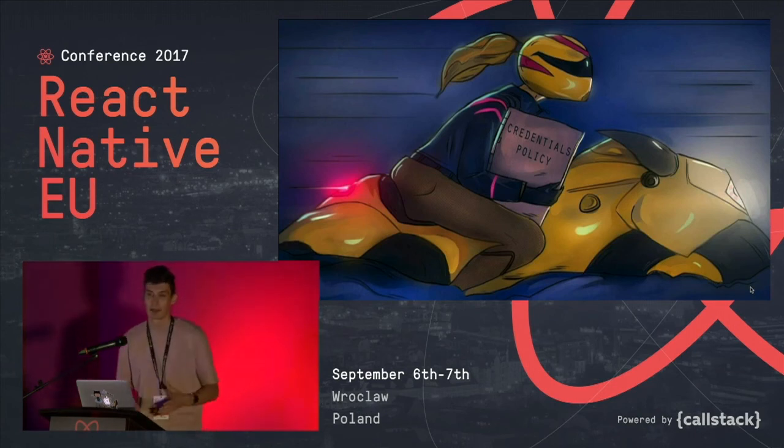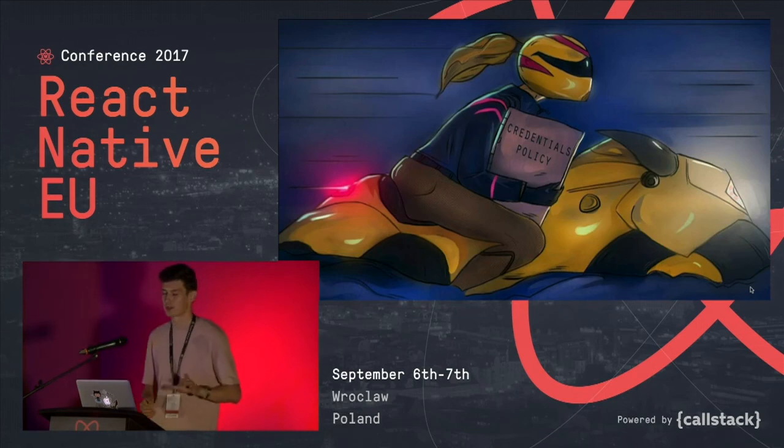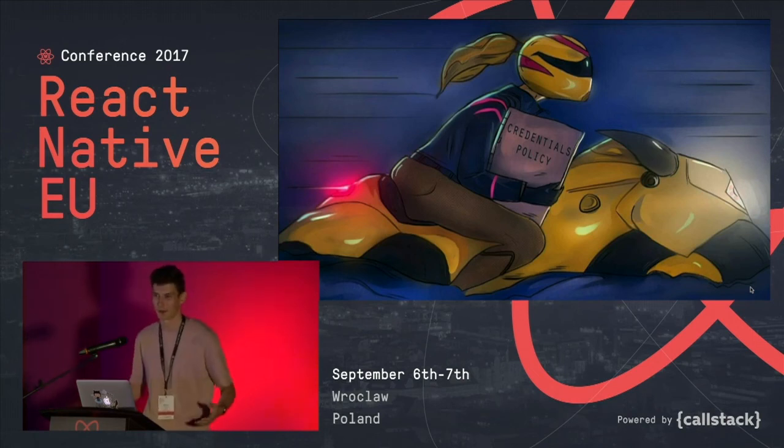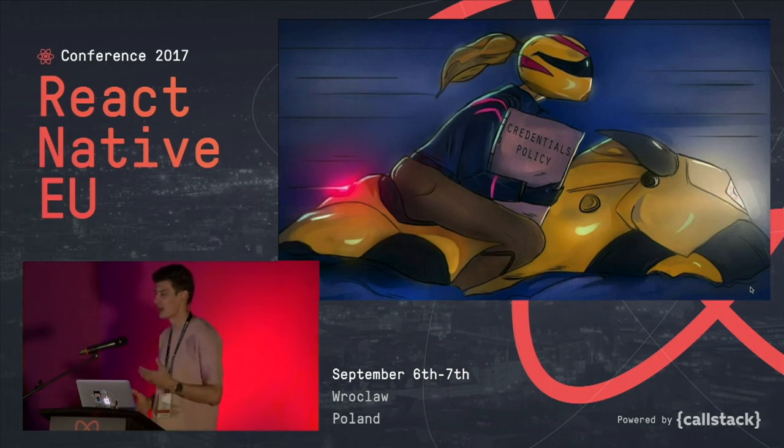Although, on mobile platforms, and this is one of these rare cases when Google and Apple agreed on something, they always send all your credentials by default. So there is no need for flags or anything. But let's say we have React Native, and React Native is somewhere in the middle of it, right?